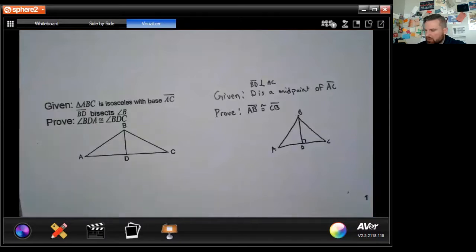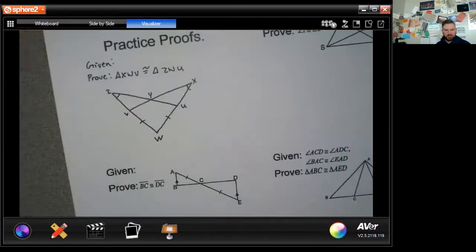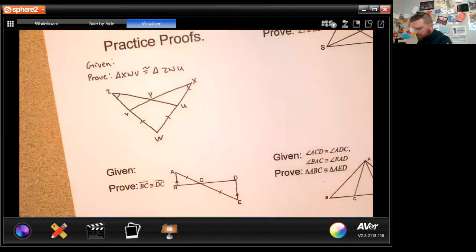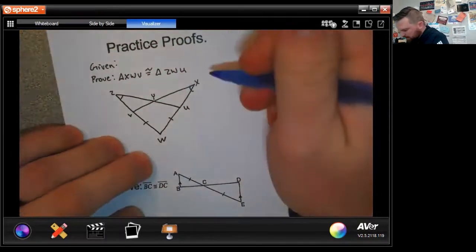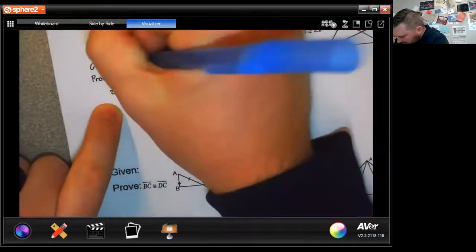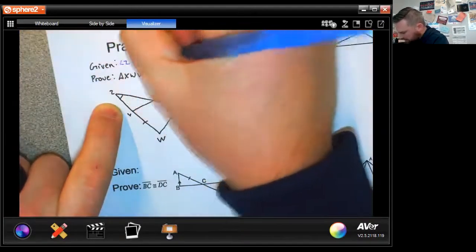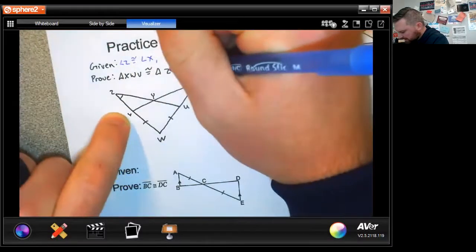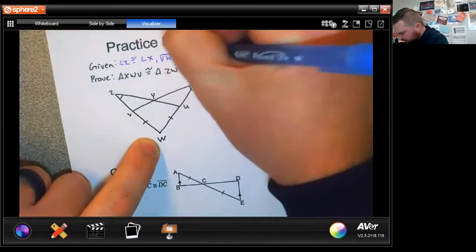So now we're going to look through some of these proofs. Here, I'll switch to a pen. Okay, so here's my picture. They don't list out a given, but we'll put in the given. We're given that angle Z is congruent to angle X. And we're also given that VW is congruent to UW.